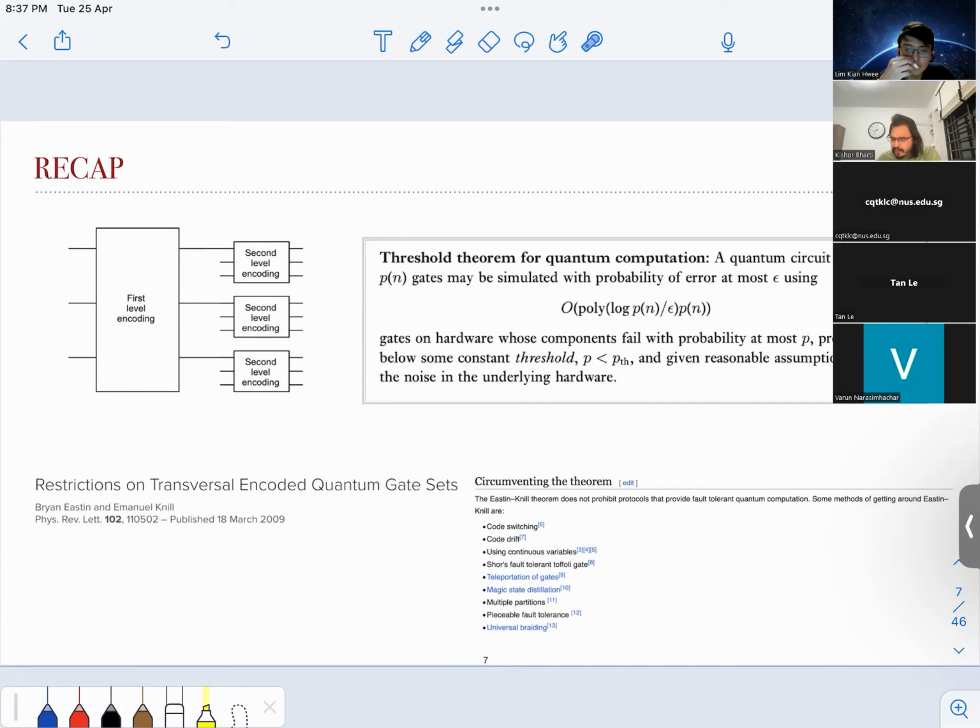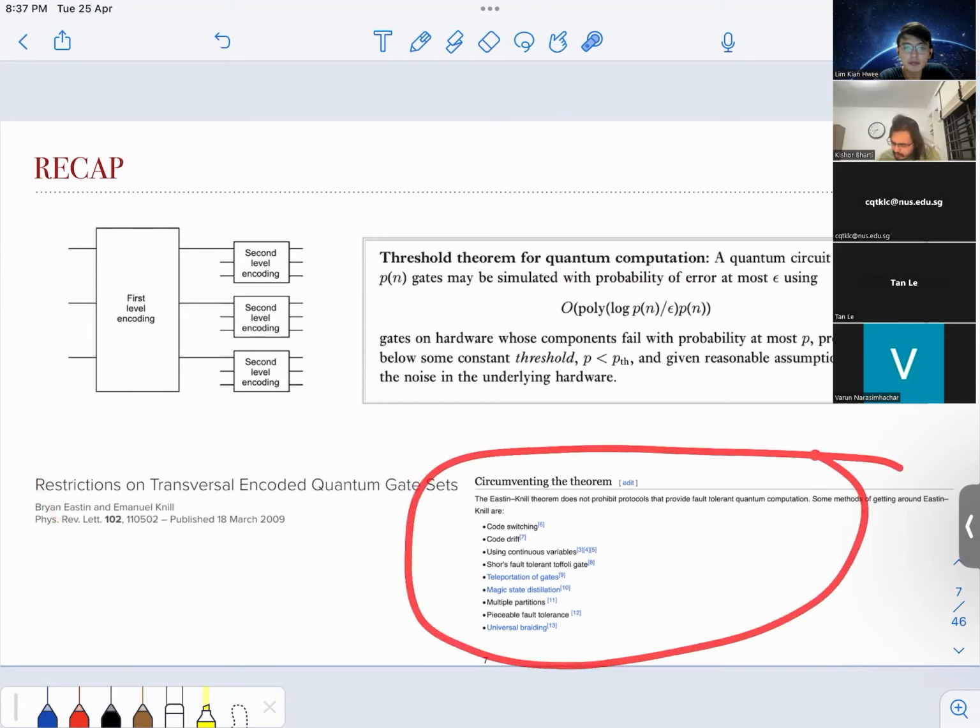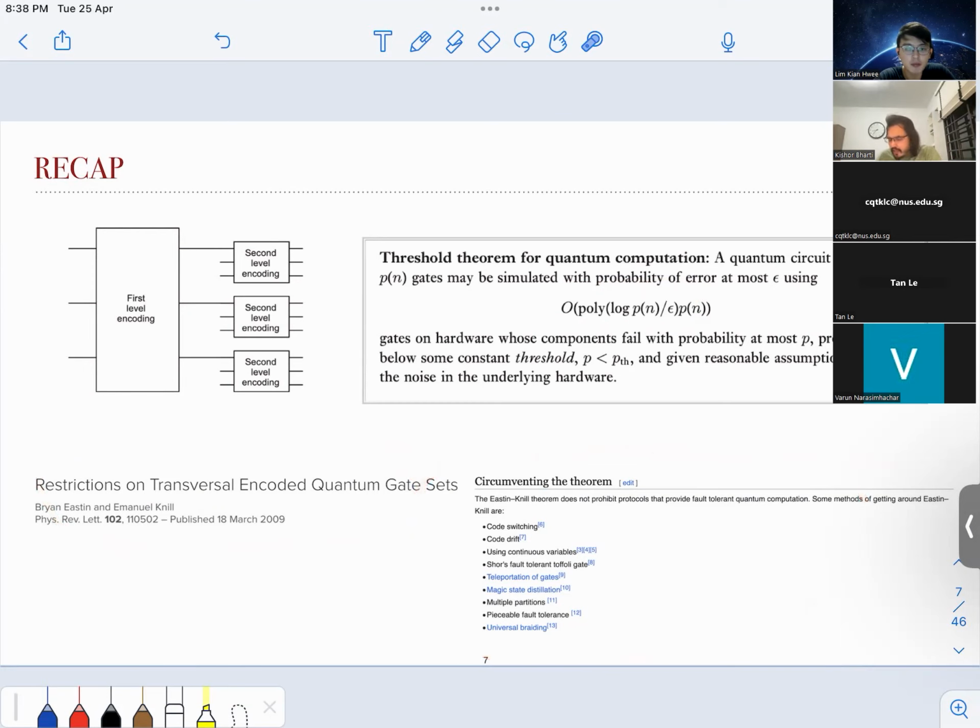It says that, whichever error you have in mind, as long as the failure probability for every circuit component is below some threshold, using just polylogarithmic overhead, you can achieve arbitrarily small error. Then we also talked about the Eastin-Knill theorem and how to circumvent it using techniques. We just mentioned a few, such as code switching, code deformation, and magic state distillation, and so on.